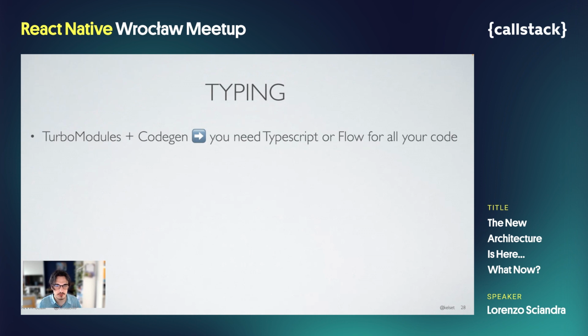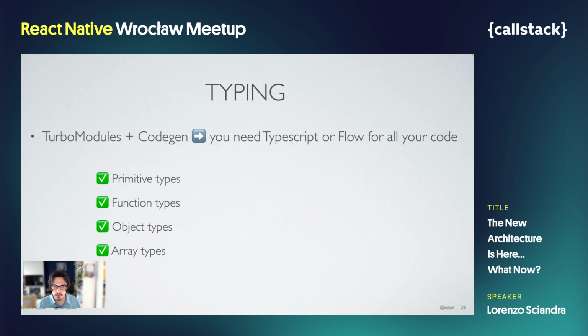Let's start with typing. As I was mentioning earlier, with Turbo modules and Codegen, you need to have TypeScript or Flow in basically all of your code. You should have that there anyway, but now it's more mandatory. The good thing about Codegen is that it already supports primitive, function, object, and array types, which is great, right?